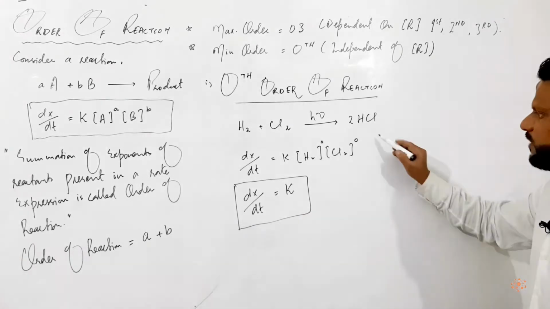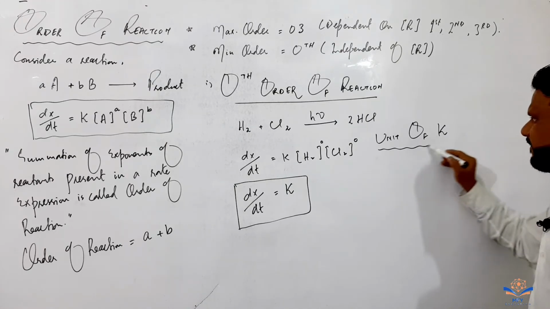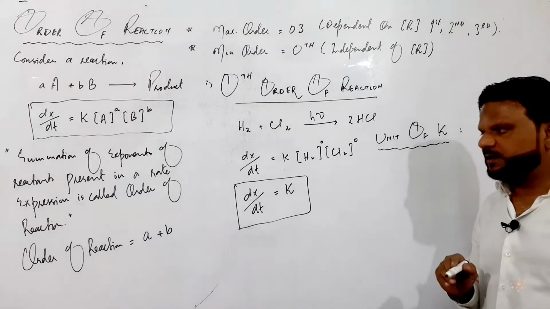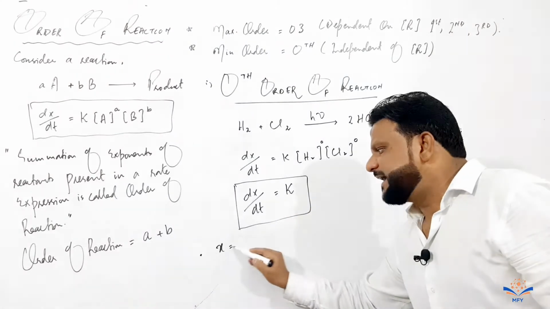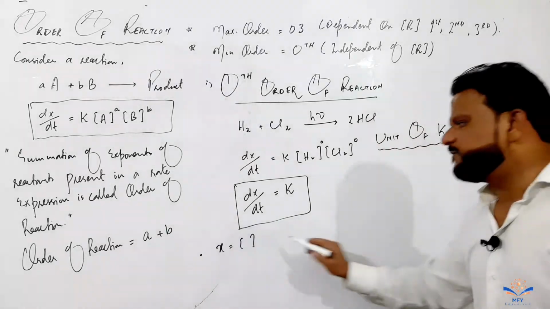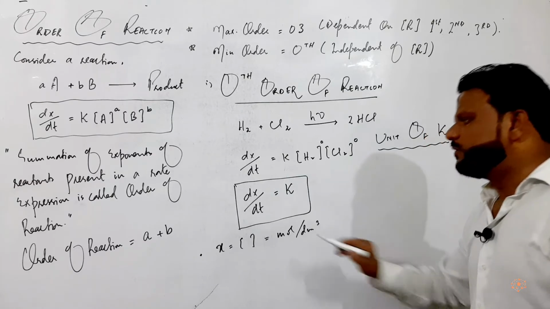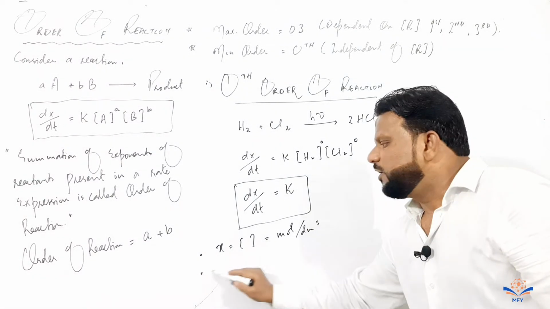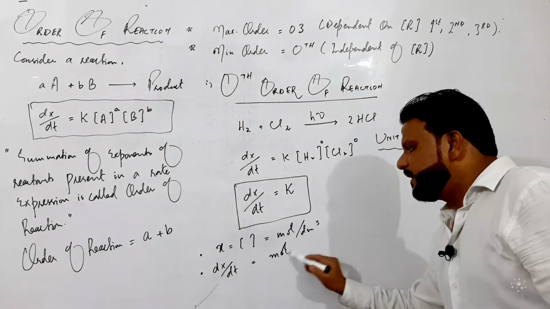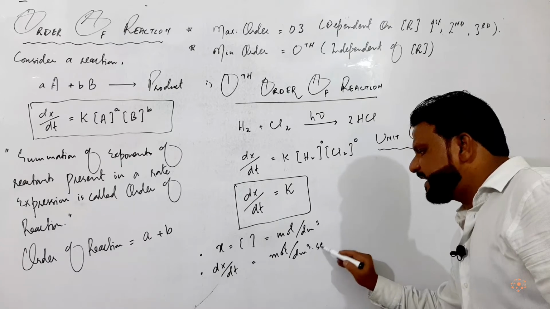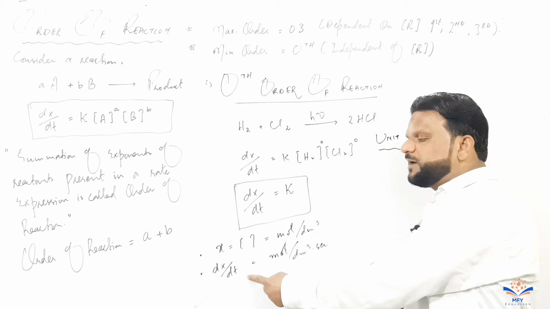Now we are going to move towards the unit of rate constant K for zeroth order reaction. First of all, we must know that x is active mass and the unit of active mass is moles per dm cube or moles per liter. The unit of dx by dt is mole per dm cube second. dx by dt is the rate of reaction, change in concentration per unit time.